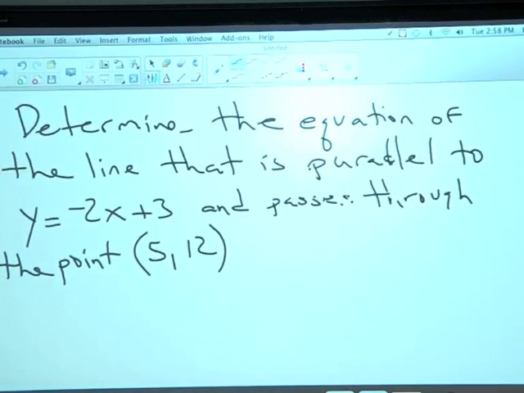So I want the equation of the line that is parallel to that given line and passes through that point.